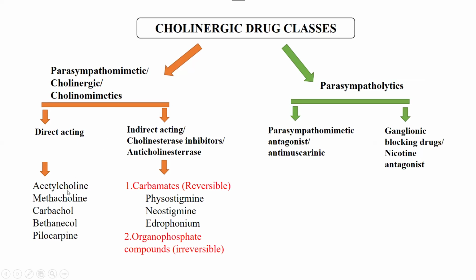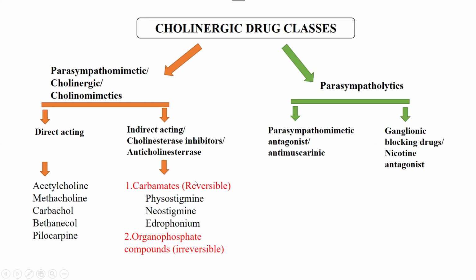First, in direct acting, we have acetylcholine, an endogenous neurotransmitter, but in the clinical setting we don't use acetylcholine as such. Then we have methacholine, carbachol, bethanechol, and pilocarpine. These are other drugs of this class. In indirect acting, we have two classes, carbamates and organophosphates.